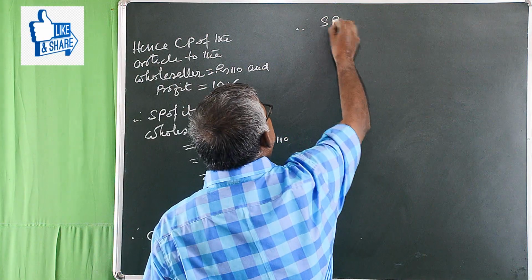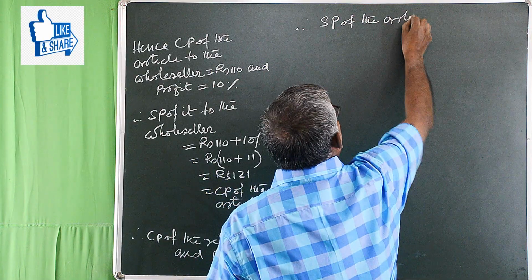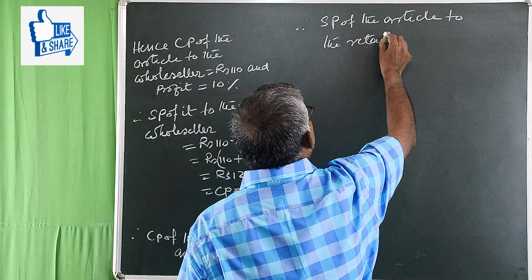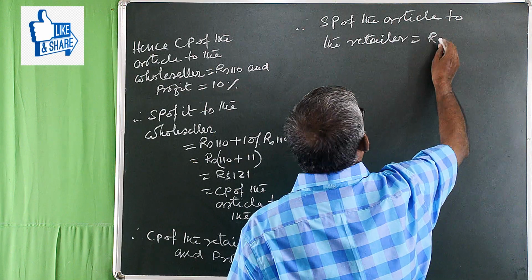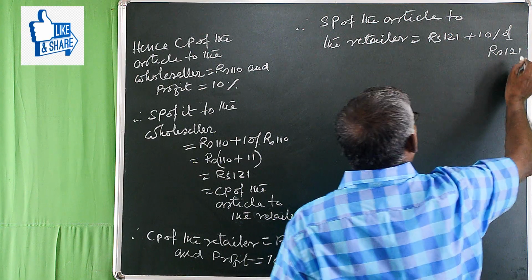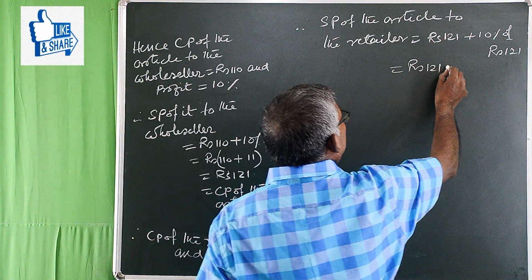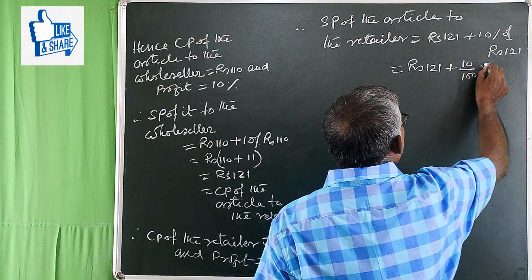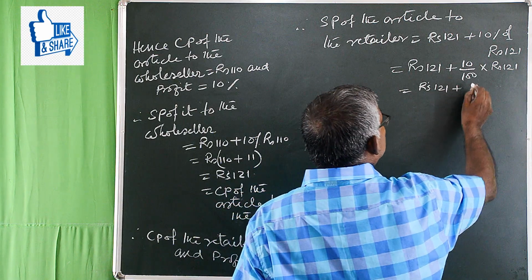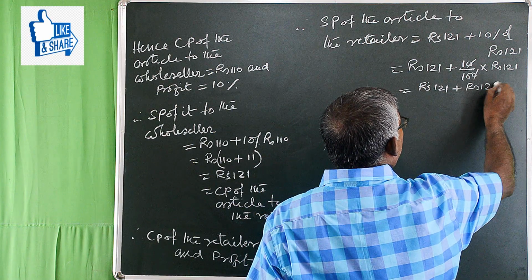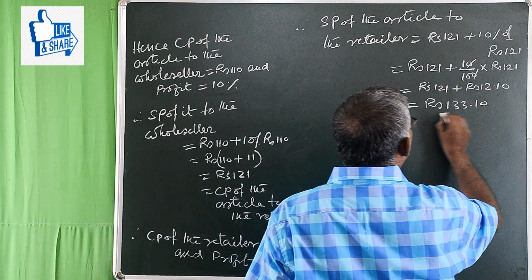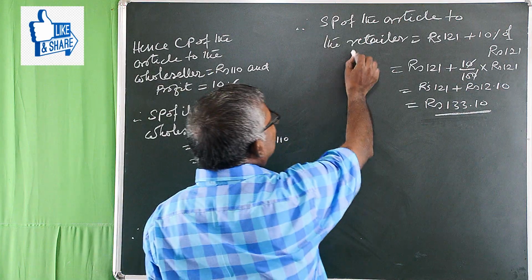Therefore, the SP of the article to the retailer equals rupees 121 plus 10% of rupees 121, which equals rupees 121 plus 10 by 100 into rupees 121, equal to rupees 121 plus rupees 12.10, that is rupees 133.10.